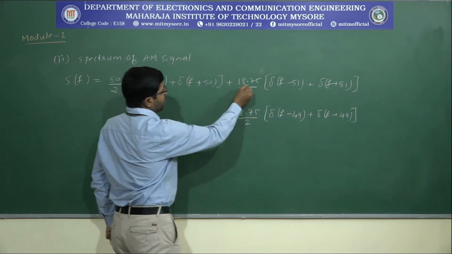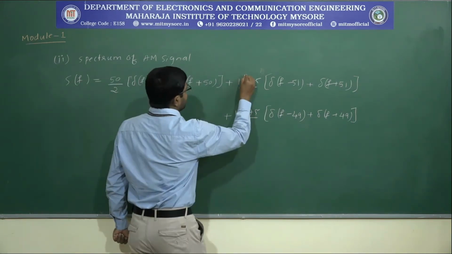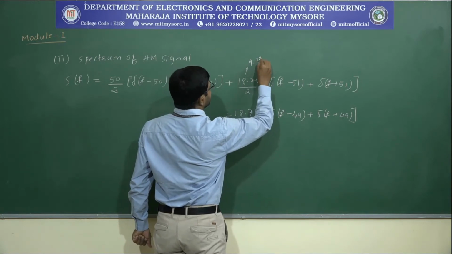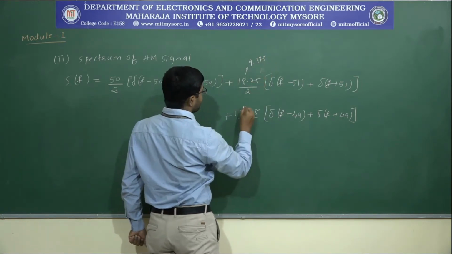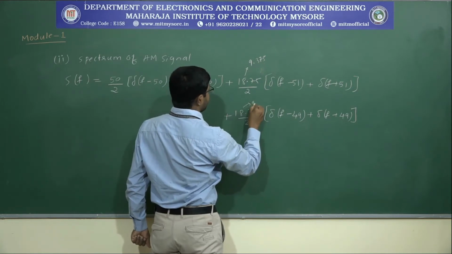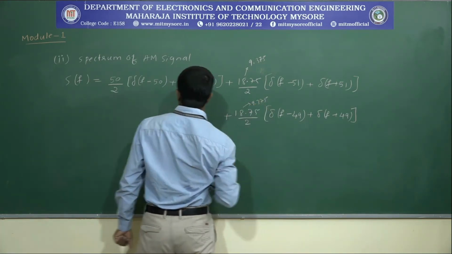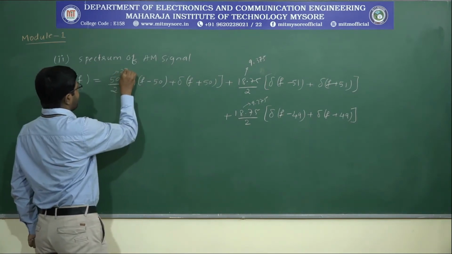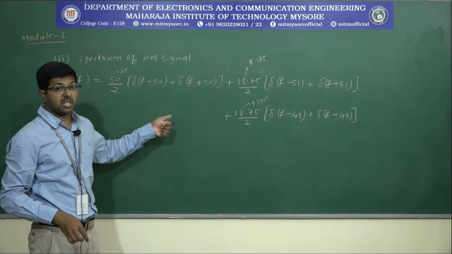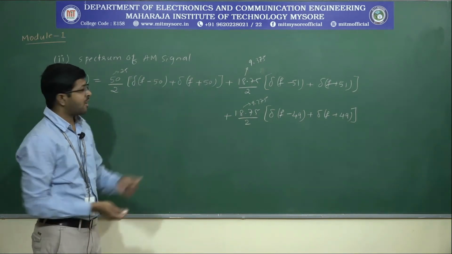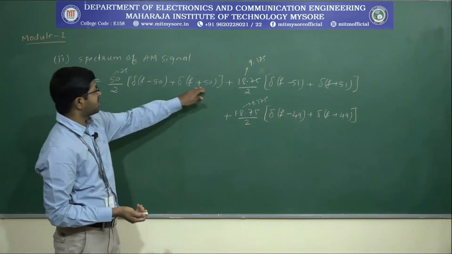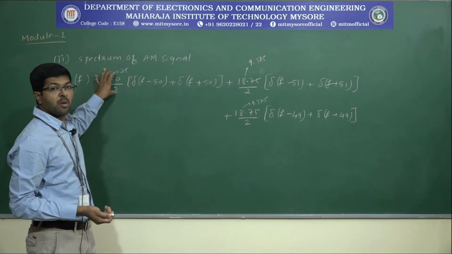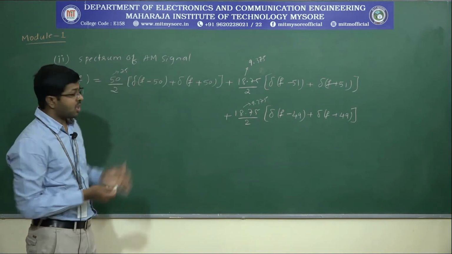So this 18.75 by 2 is around 9.375. This is again 9.375. This 50 by 2 is 25. Rewrite the equation, which is very important. This gives the frequency terms, the delta function, and this is the magnitude of the particular frequency.